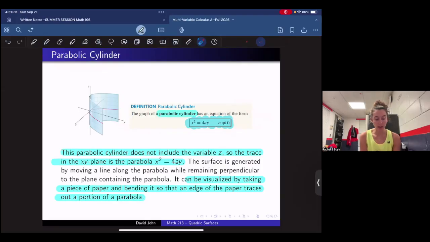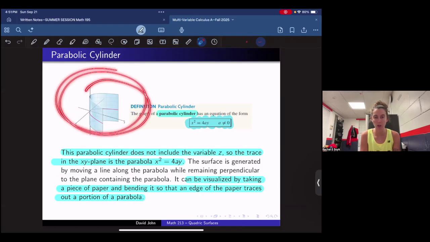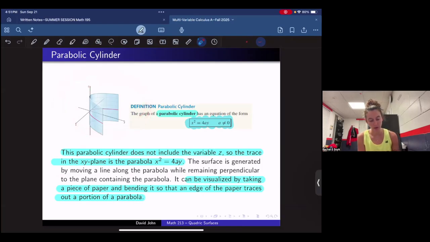This parabolic cylinder does not include the variable z, so the trace in the xy plane is our parabola x squared equals 4ay. The surface is generated by moving a line along the parabola while remaining perpendicular to the plane containing the parabola. It can be visualized by taking a sheet of paper and bending it so that an edge of the paper traces out the portion of the parabola, as demonstrated in this visual up above over here.